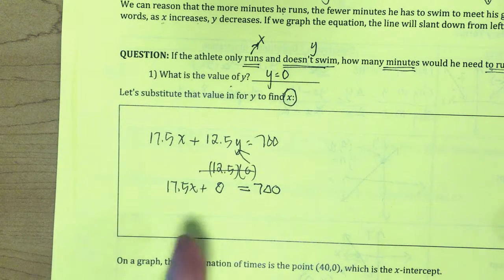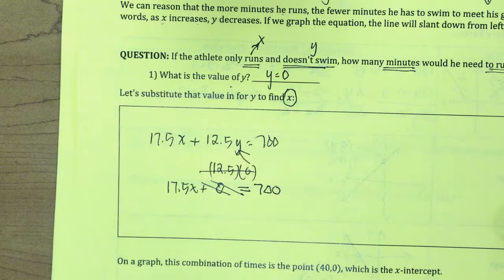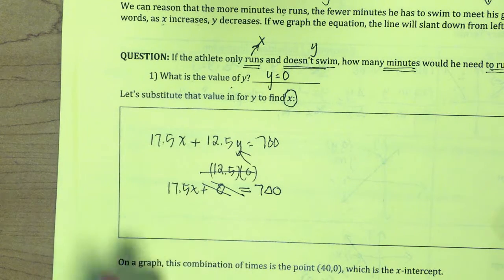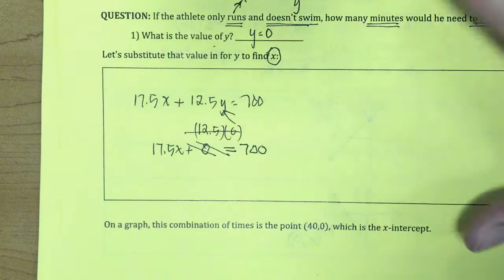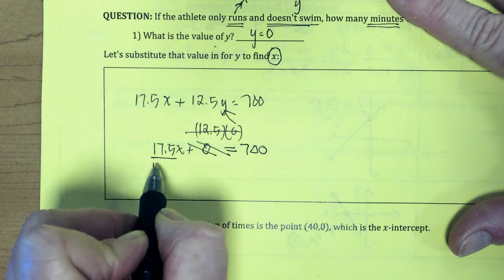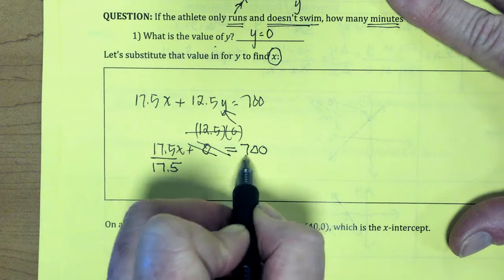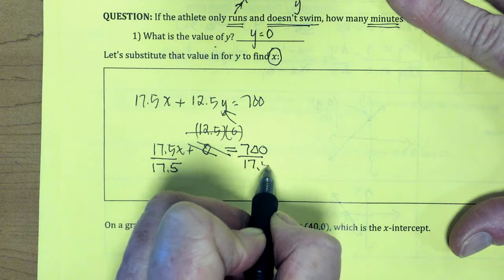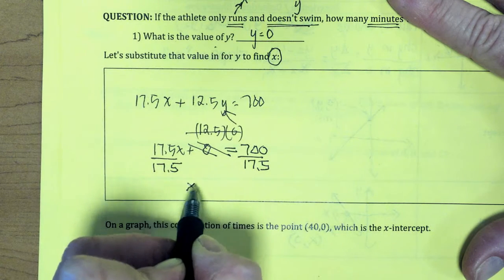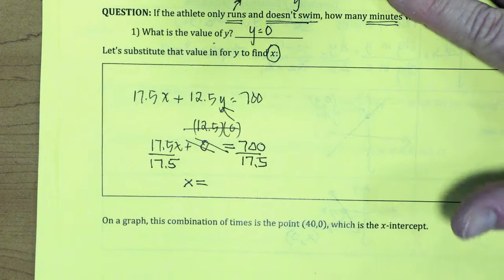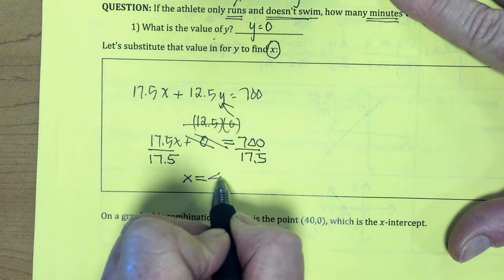Well, I'm adding 0, so I don't need that. So remember, a legal move tells me that in order for me to solve for x, I'm going to divide both sides by 17.5. And when I do that, I get the value of x, and the value of x is 40.